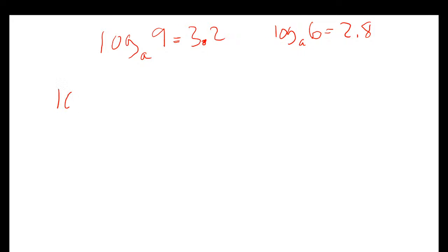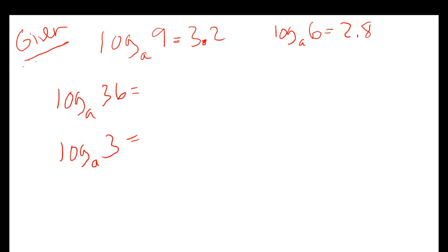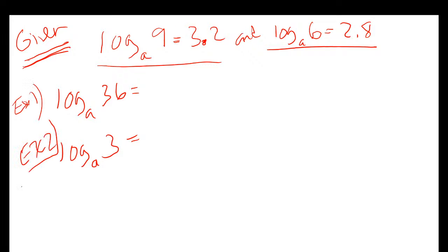I want to find log base a of 36, and I want to find log base a of 3, based on these two numbers. What we have here is given. We're given this and this. I want to use these two things to find log base a of 36 and log base a of 3.